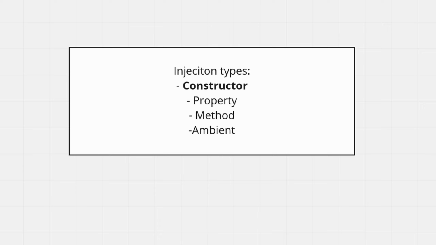There is also property injection, which does the same but for properties. Method injection does the same as constructor injection but for the method. So for example, if you have a service that requires a different type of dependency based on some argument in the method, that would be it. And there's also ambient, which we won't talk about in the scope of this video because it's more advanced and I just wanted to bring you some basics, but I wanted you to be aware of that as well.